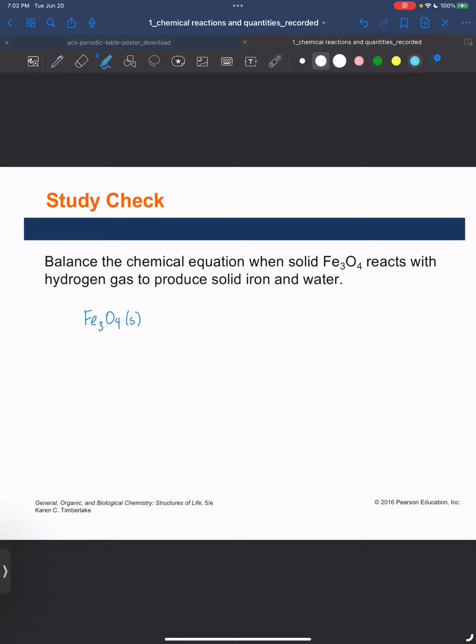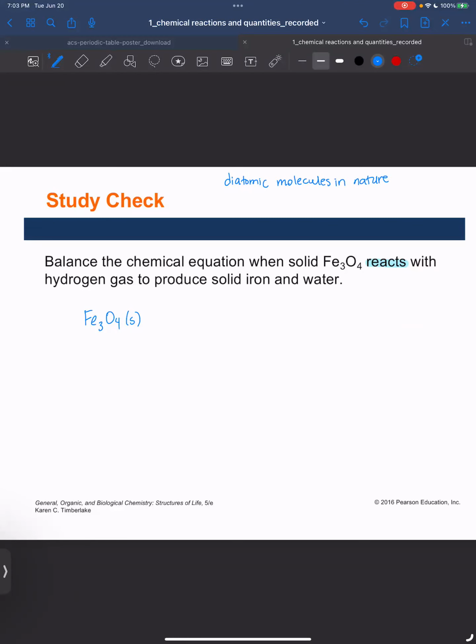And the key word we can see here is it reacts with hydrogen gas. Now, in a previous lecture video, I went over diatomic molecules that exist in nature, and there's 7 of them, where they exist as partners, right? There's 2 of them together as opposed to just monoatomic.